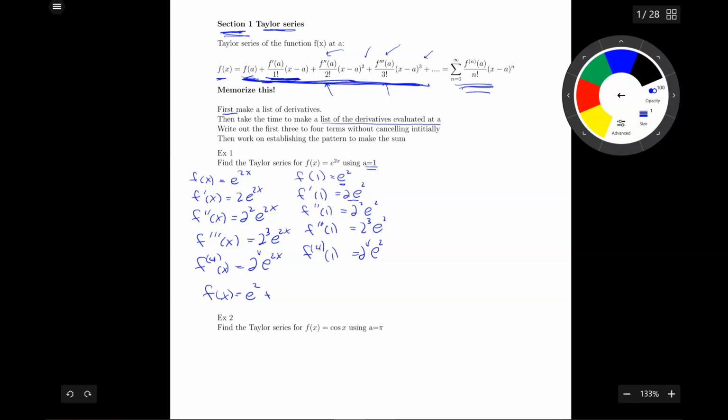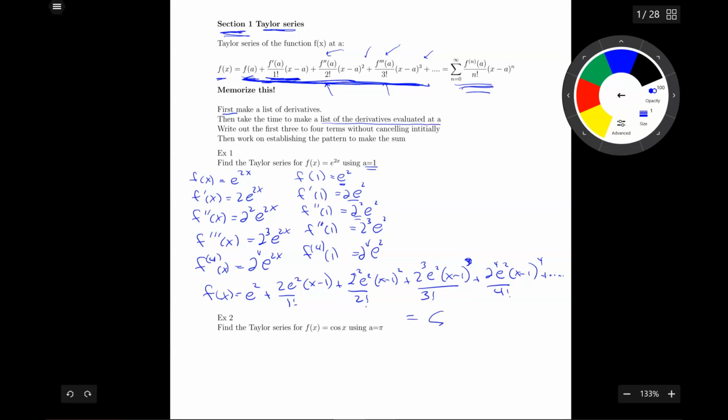So f prime of a, 2e squared, times (x minus 1), which is a, divided by 1 factorial, plus second derivative at a, so 2 squared e squared, (x minus 1) squared over 2 factorial, plus 2 cubed e squared, (x minus 1) cubed, sorry, it's messy, 3 there, over 3 factorial. And I'll just do the last one, 2 to the 4th e squared, (x minus 1) to the 4th power over 4 factorial. Keeps going on forever.